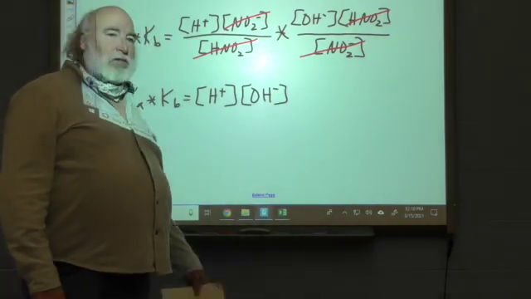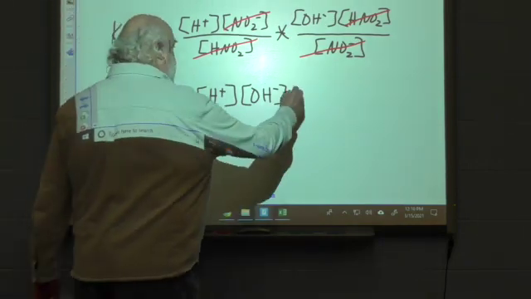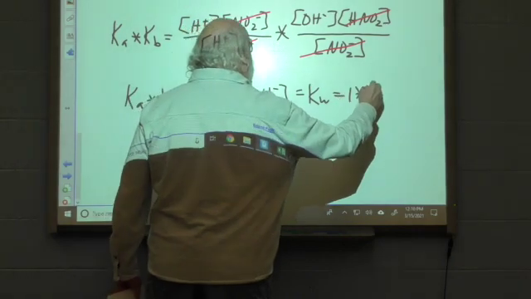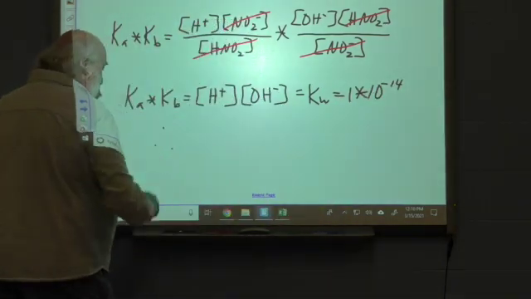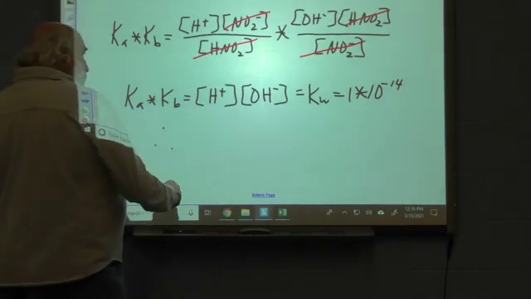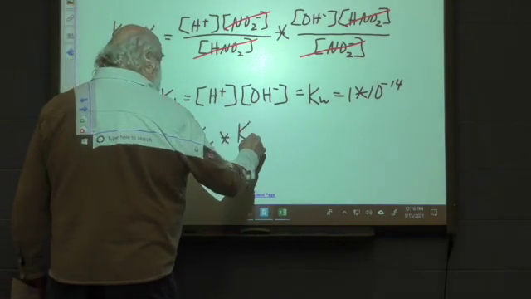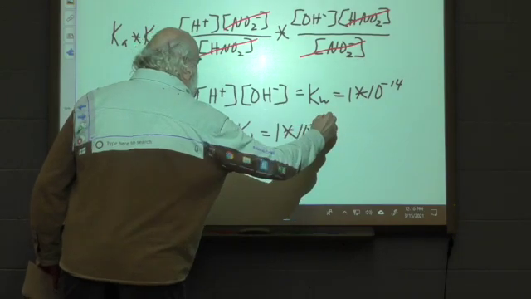Really? And what's the value of that? Well, that's also known as Kw, which is 1 times 10 to the negative 14. Therefore, Ka times Kb equals 1 times 10 to the negative 14.